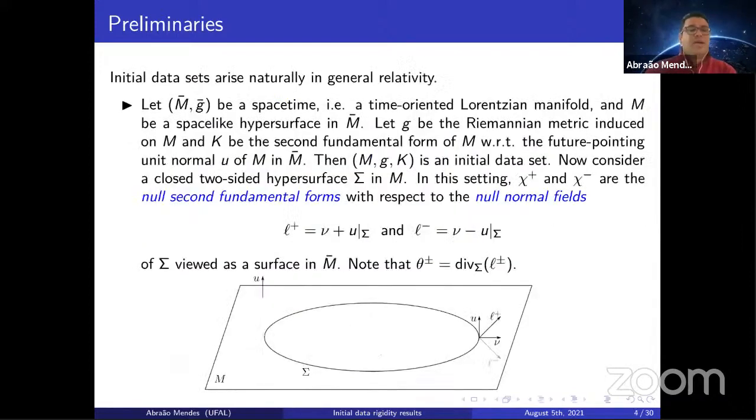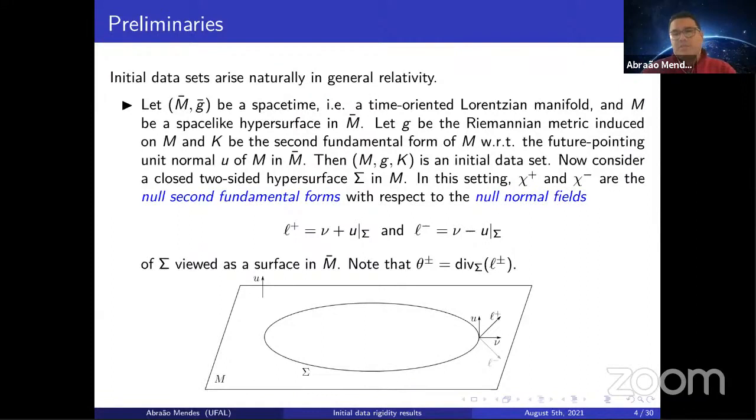Initial data sets arise naturally in general relativity. For example, let (M bar, g bar) be a space-time, which means a time-oriented Lorentzian manifold, and M be a space-like hypersurface in the space-time M bar.